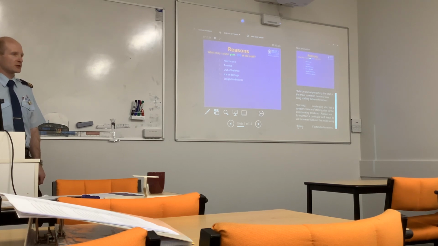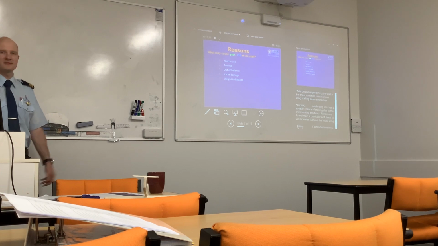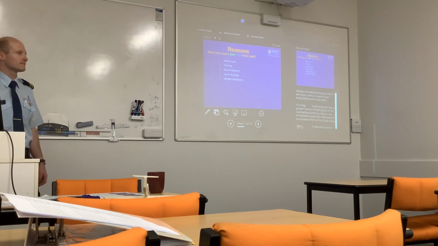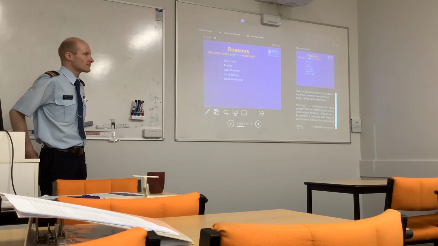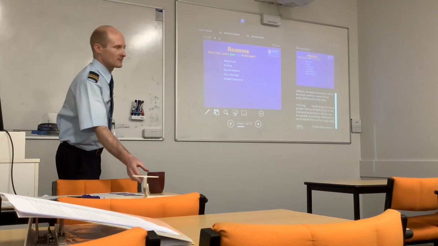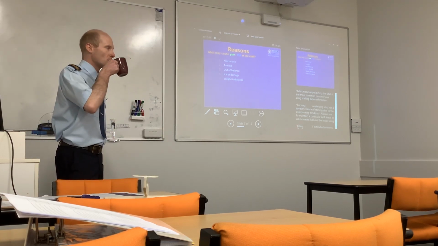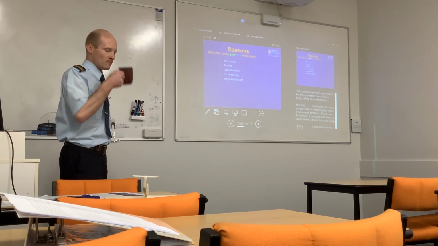Why does a weight imbalance possibly cause a wing drop? You could ask a student if you wanted, though they probably won't know. Lateral displacement of the center of gravity. How does that cause a wing drop though? Moment. What about it though? One of the wings is going to have a greater arm than the other.